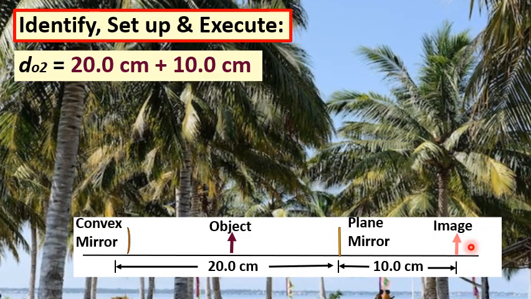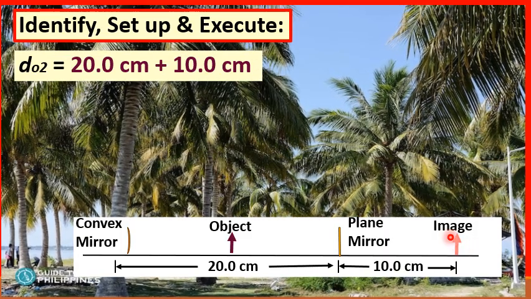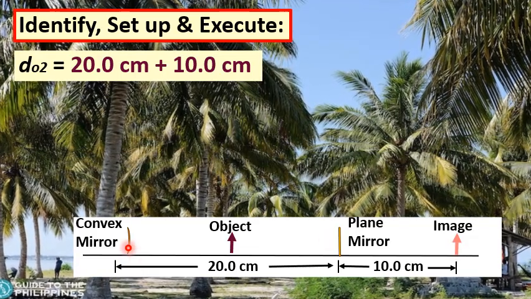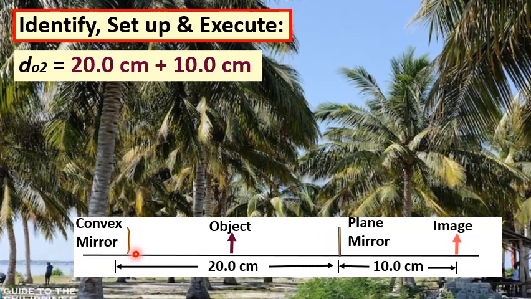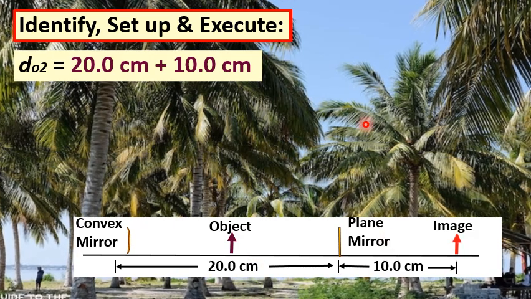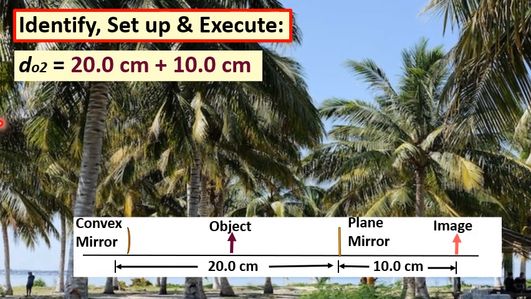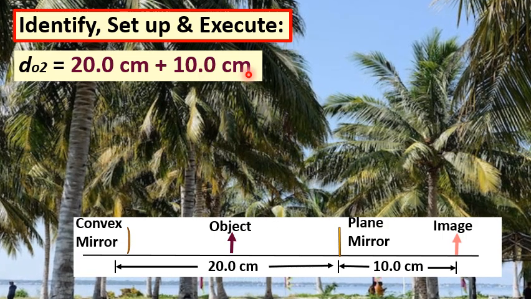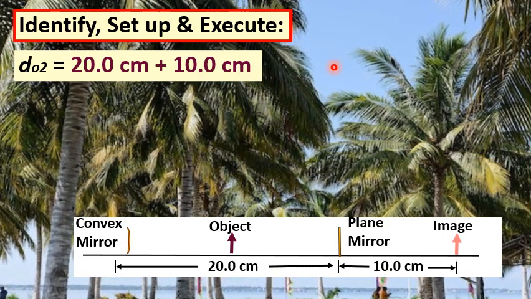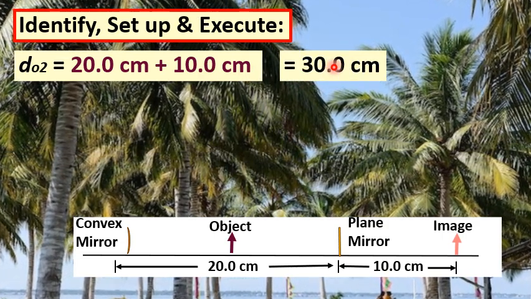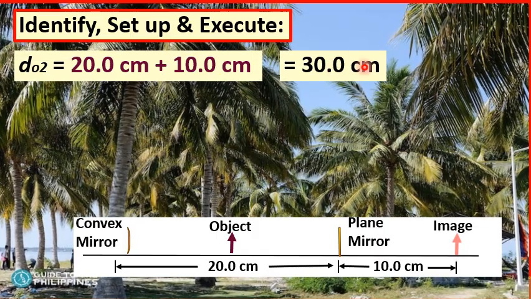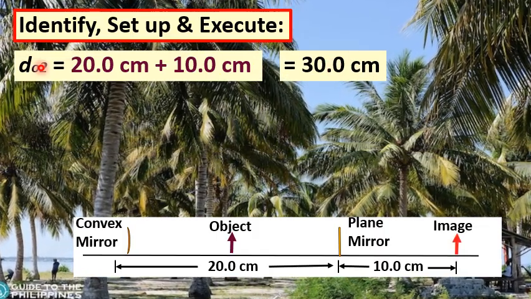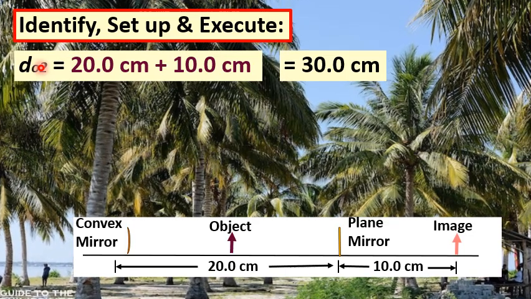In other words, the distance from this image formed by the plane mirror to the vertex of the convex mirror becomes the value of d sub O2, right? That is, d sub O2 is equal to 30.0 centimeters, right?